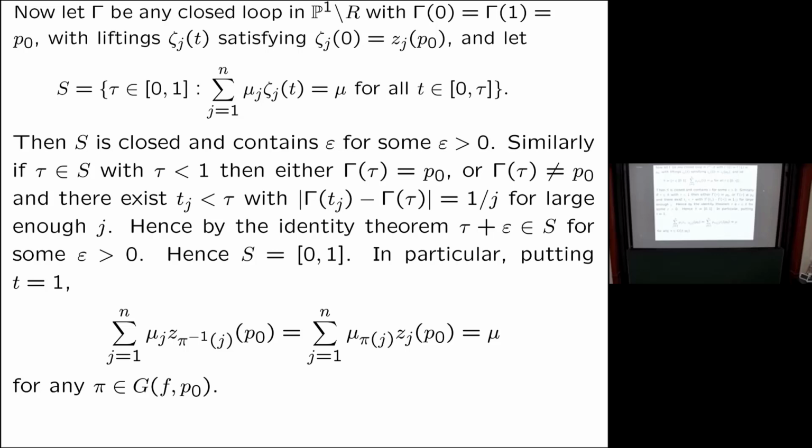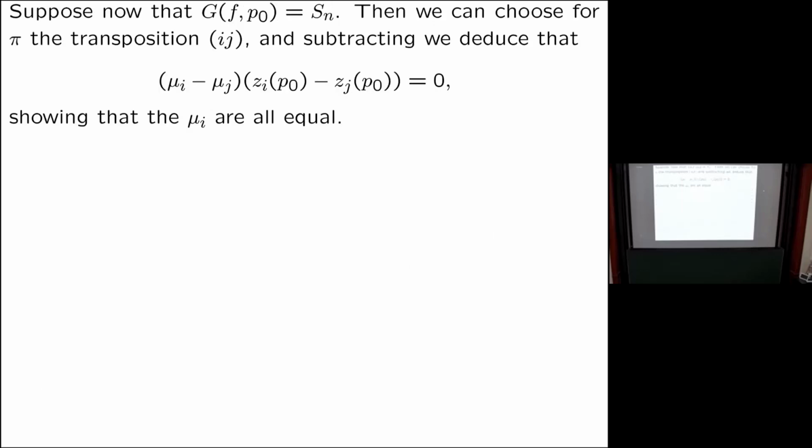Everything's going to cancel except the terms corresponding to i and j. So you get (mu_i minus mu_j) times (Zi(P0) minus Zj(P0)) is 0, but the roots Zi(P0) and Zj(P0) are distinct, and therefore mu_i is equal to mu_j. And therefore all the mu_i's are equal.